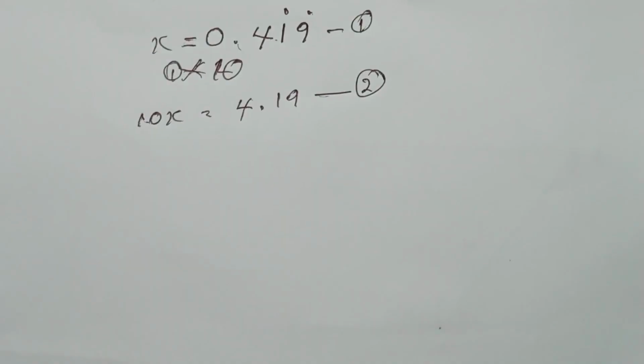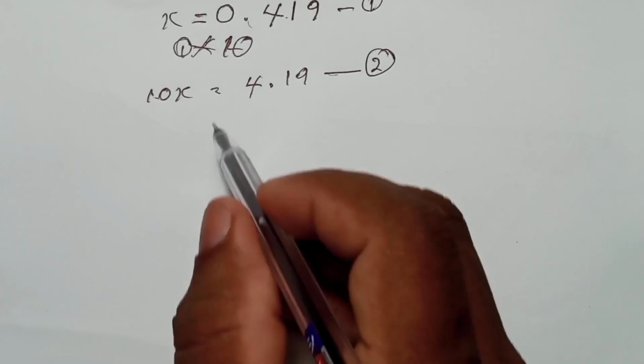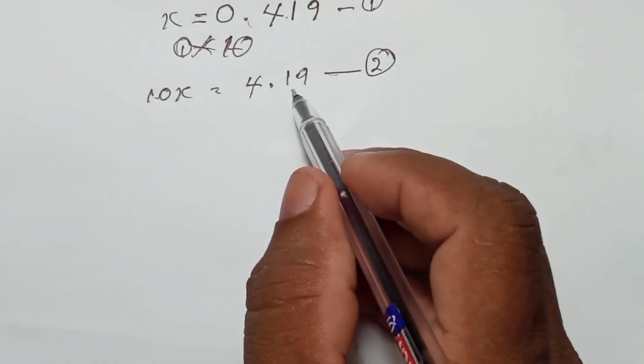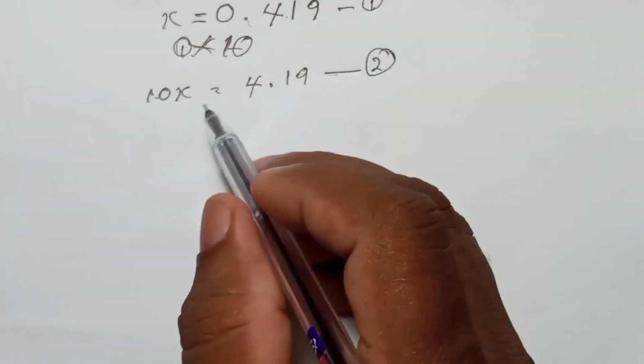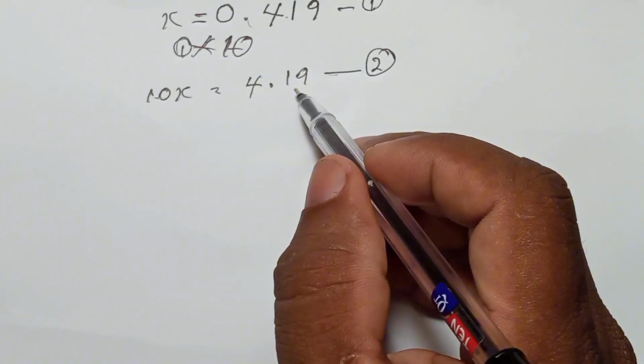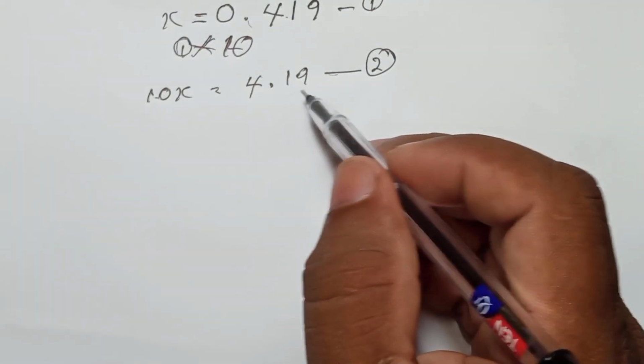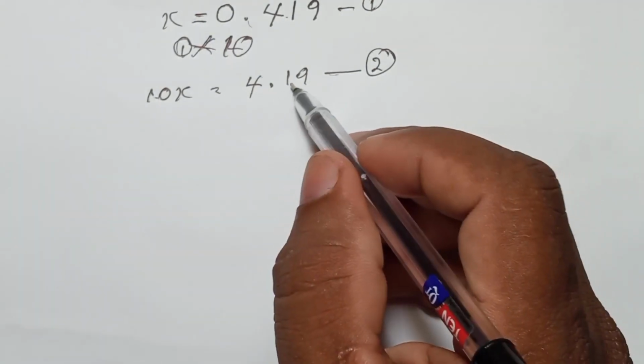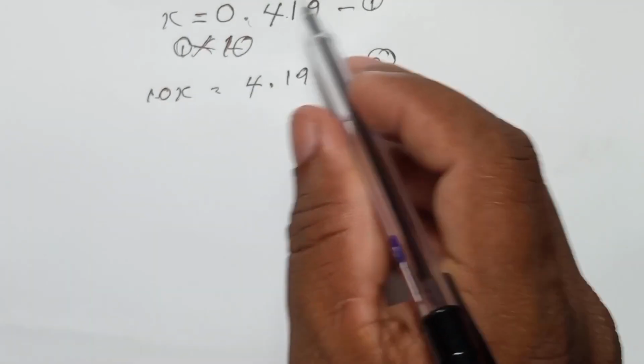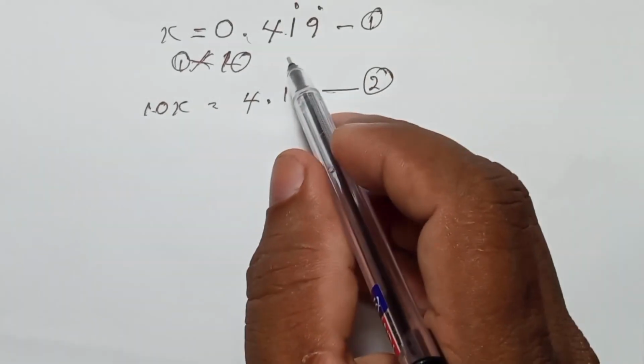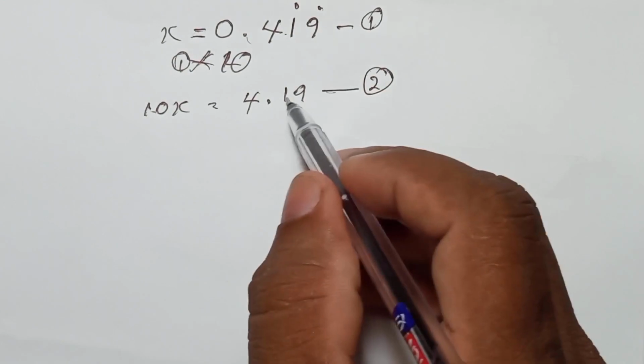It's okay. Now you need to multiply this second equation by the number of recurring digits. Here 1 and 9 are recurring, that means 2 digits.